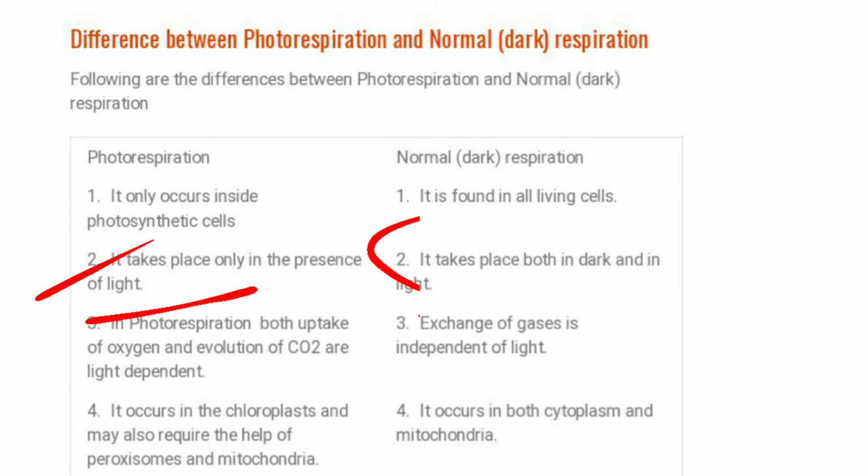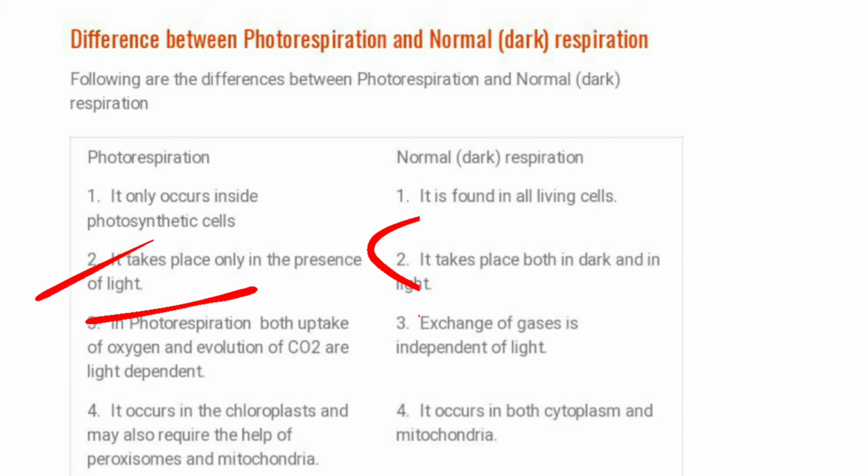There may be light or there may not be light. That is why we can say that this is independent of light, means light is not required in the respiration. That is why it is called as dark respiration.